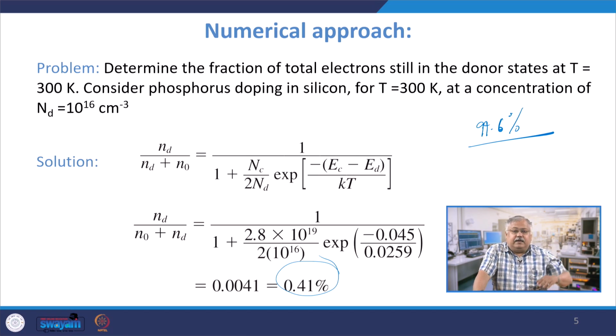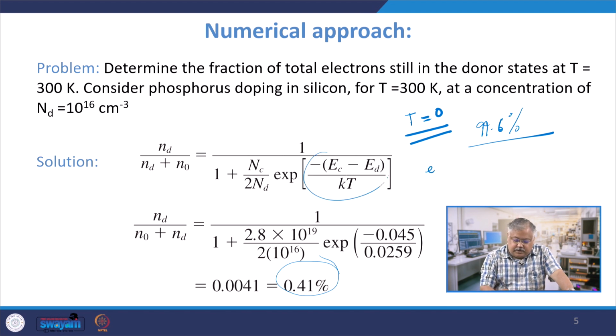Now the idea is, if you would have taken this T to a very low value, I will give an example. Let us say that T tends to go to 0, absolute 0, or a very low value. Then what I will get here is exponential. Let us assume this to be equal to minus x, where x has an inverse function of temperature.